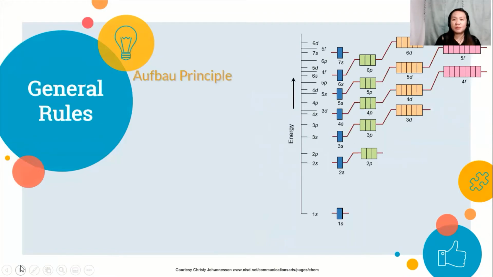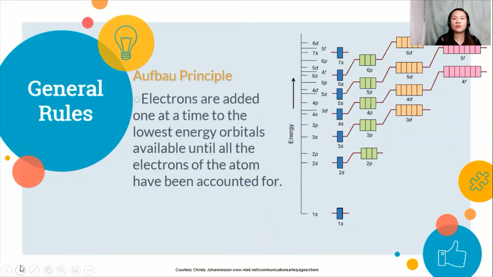The second principle, according to the Aufbau principle, says that we need to add electrons one at a time. We will start with the lowest energy level until all the electrons of the atom have been accounted for. So again, we will start with 1s because this is our lowest energy level. Then we go to 2s, and then 2p.